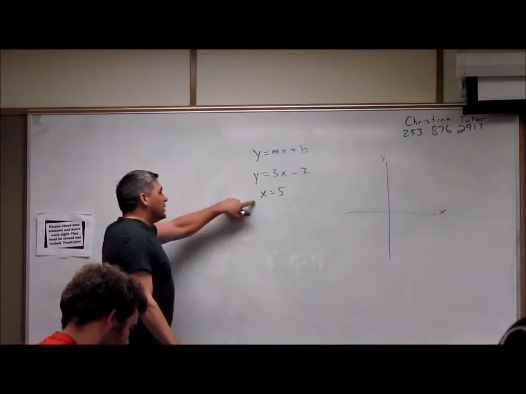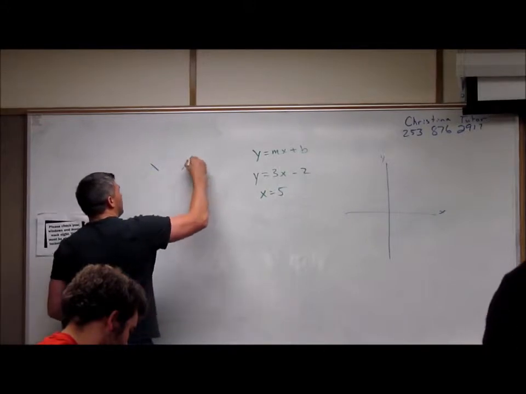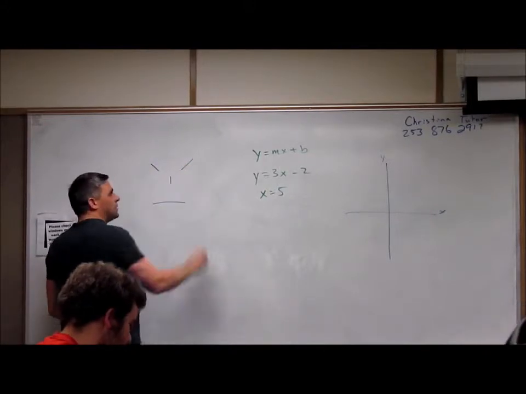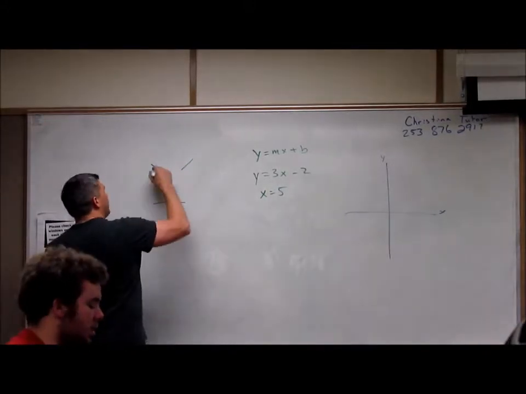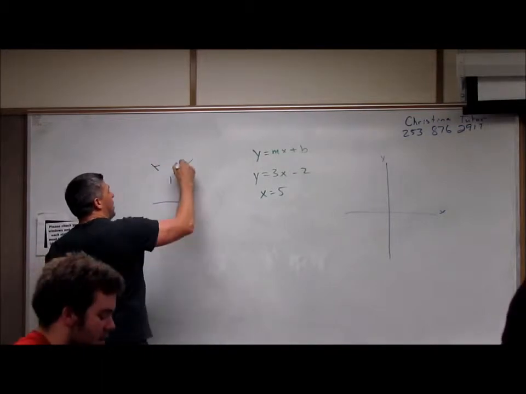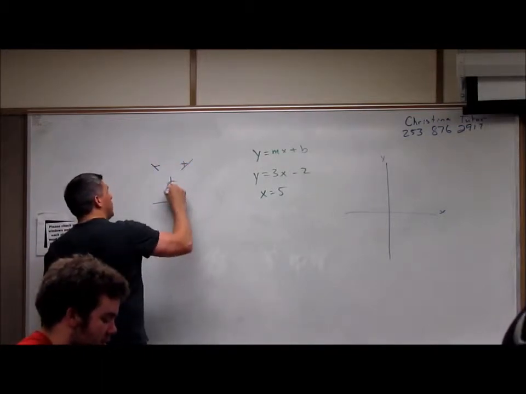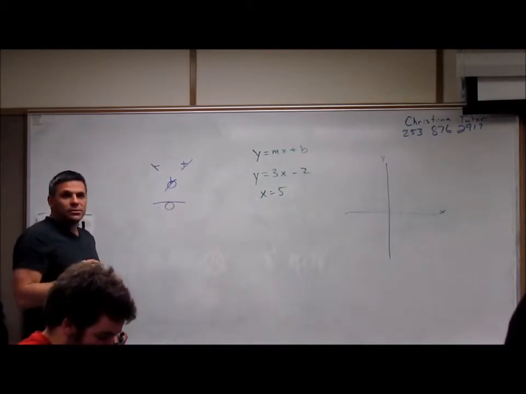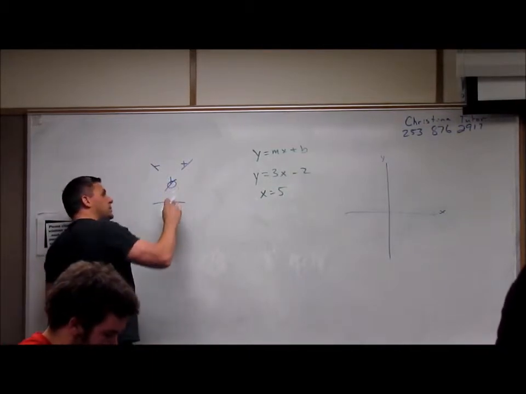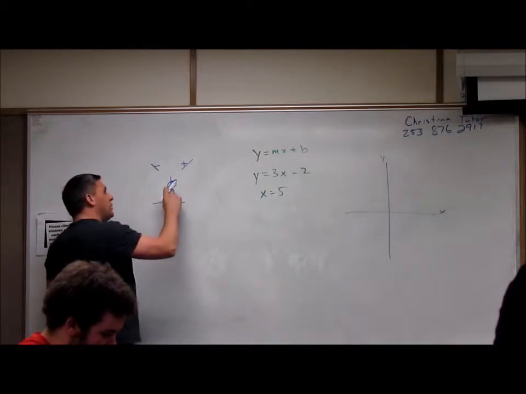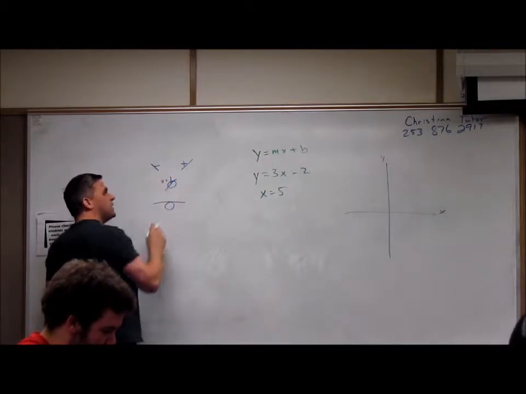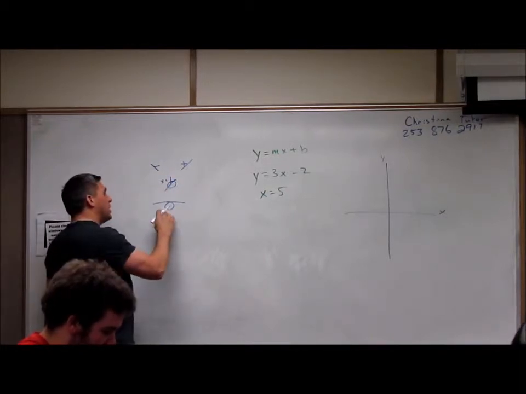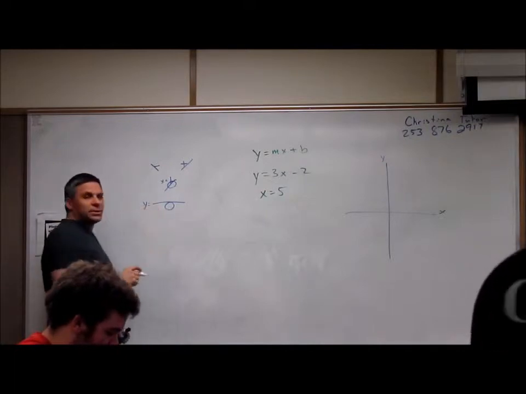And remember the face, okay? We have negative, positive, no solution, 0. So, no slope, 0 slope. When you have no slope, x equals a number. When you have 0 slope, y equals a number.